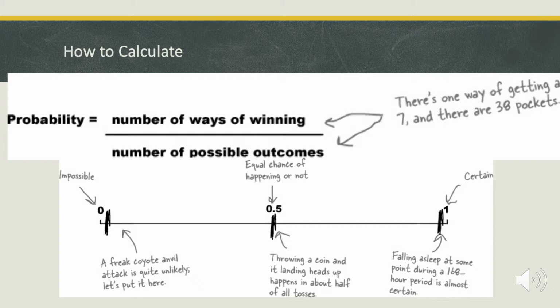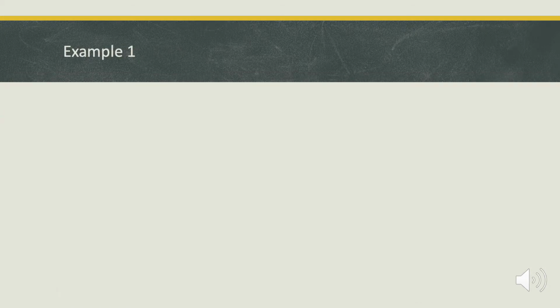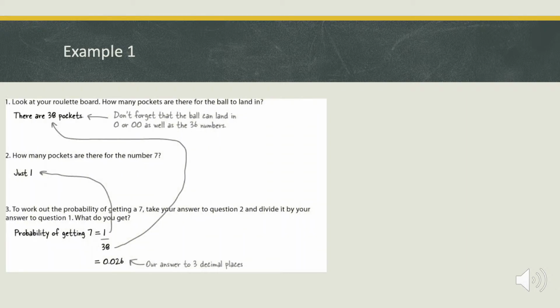So let's take a look at the roulette board. Let's assume we want to bet on number 7. This is example number 1. Looking at the roulette board, there are 38 pockets. Don't forget that the ball can land on 0 or 00, as well as the other 36 numbers mentioned earlier. Out of all the pockets, we're looking to bet on number 7, meaning we're betting on 1 pocket.